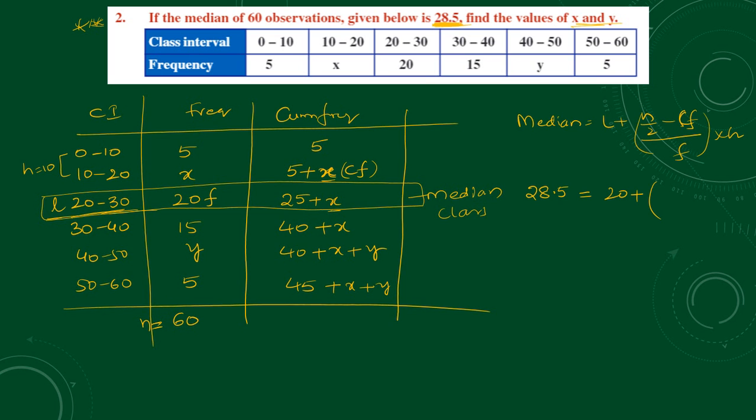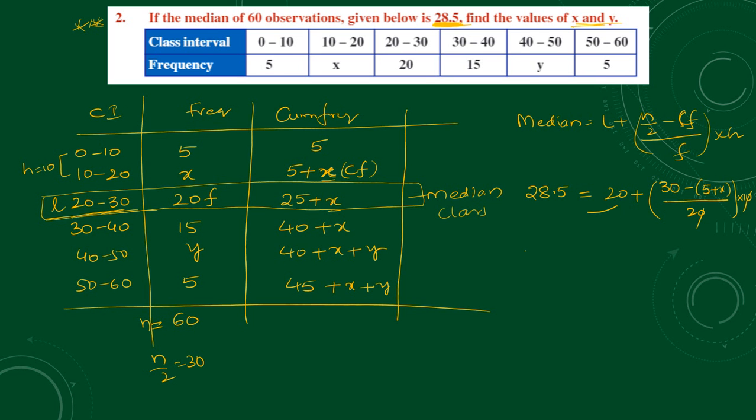Since N is 60, N by 2 is 30. So 30 minus CF. What is CF here? 5 plus X. So this is 5 plus X, by F. F is 20, into H is 10. Now this 10 in this 20, it cancels 2 times.